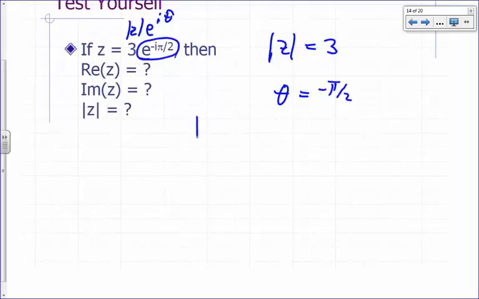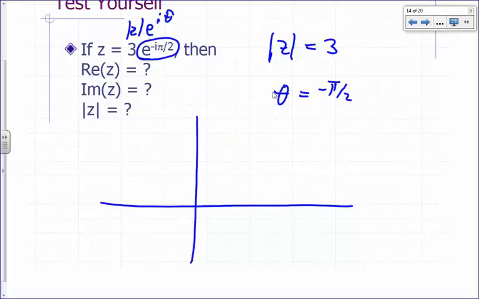Negative pi over 2. So where would that be on the complex plane? Negative pi over 2, you go down 90 degrees, right? And how far away from the origin are we? 1, 2, 3. Okay, so that's at negative 3i. So what's the real part of z?